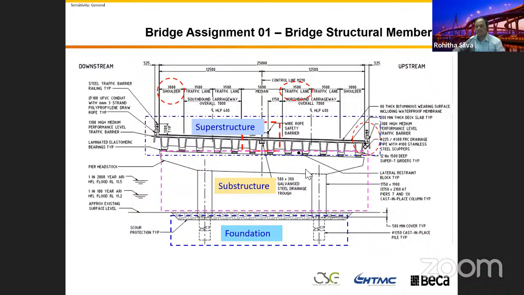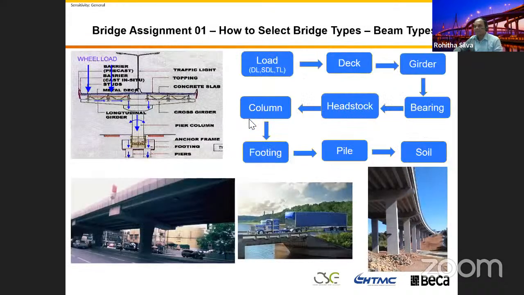And my substructure, whatever section you select, could be a portal frame structure, it could be a single column. It depends on your superstructure. The superstructure will dictate the form of the substructure.